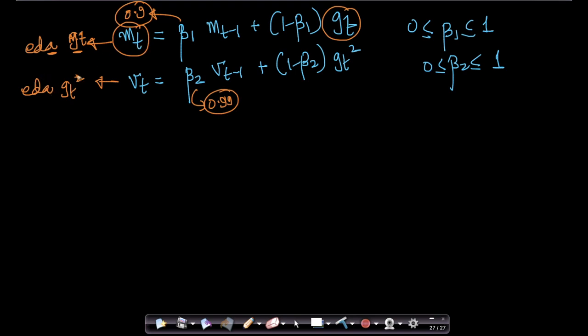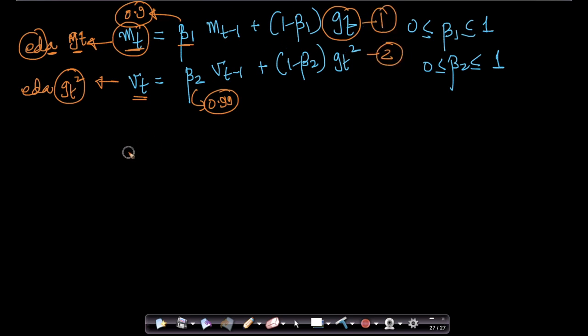The simple average of g_t squared is nothing but your variance. So the only difference between simple average and exponential decay average is this weighting beta and 1 minus beta, and the recursive definition that m_t is represented through m_{t-1}. Okay, so these are the first two equations. Let's call them equation 1 and equation 2.